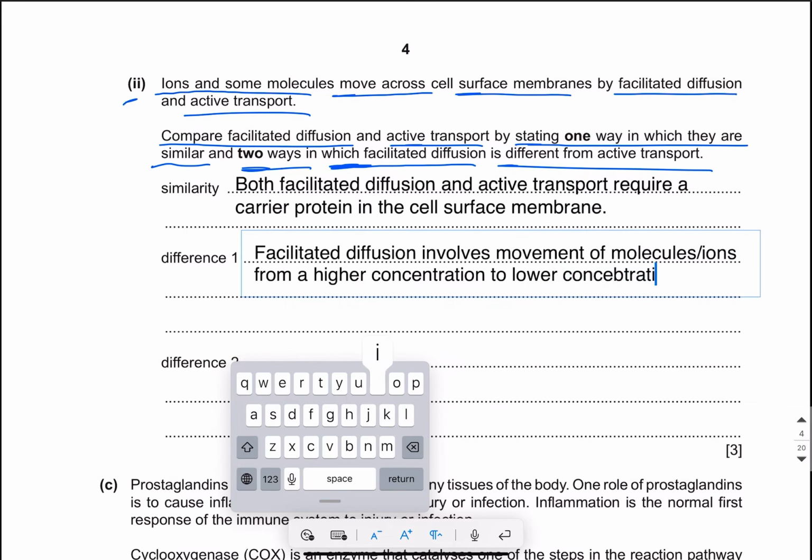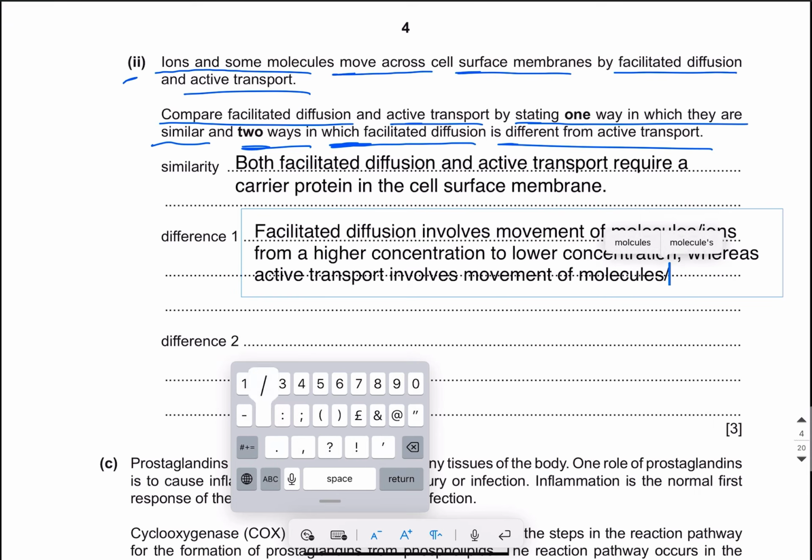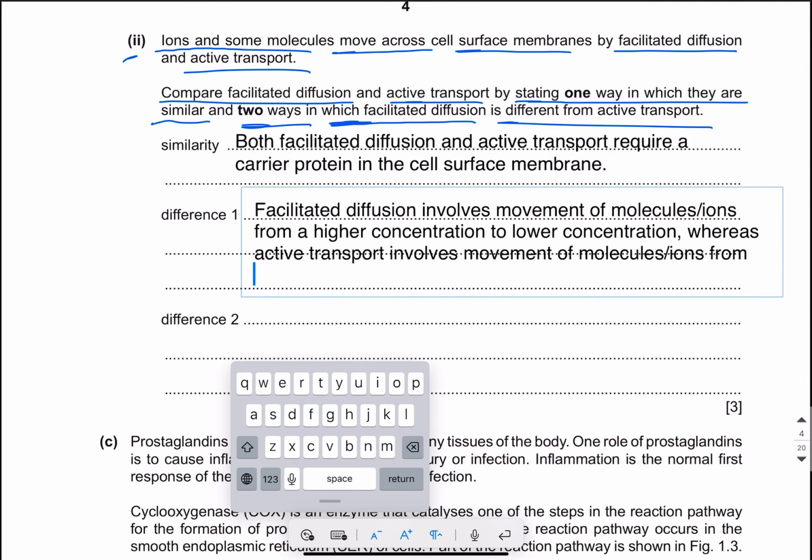However, this is vice versa for active transport, whereas active transport involves movement of molecules or ions against the concentration gradient, that is from lower concentration to higher concentration.